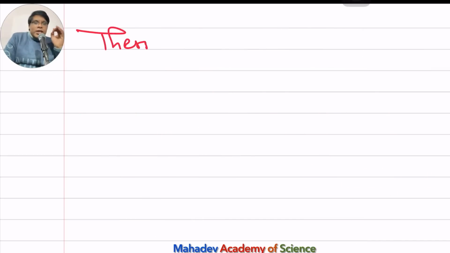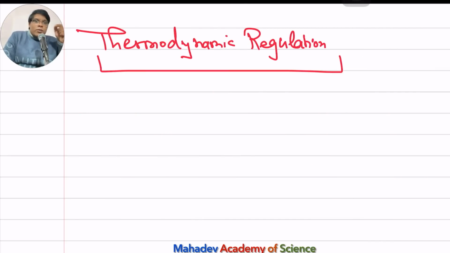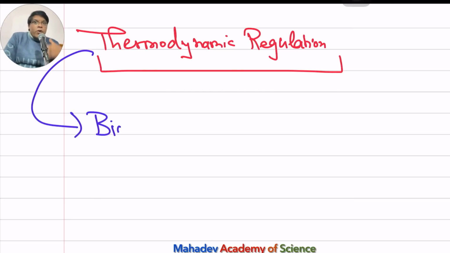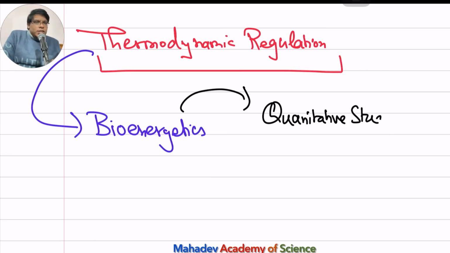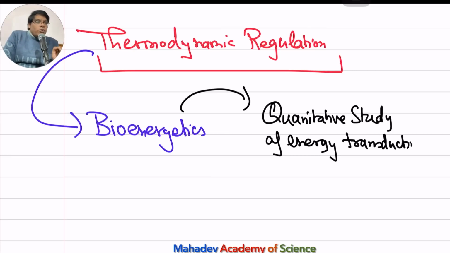Now at the end, I just want to tell you, we are going to learn thermodynamic regulation of enzymes when we discuss bioenergetics. What is bioenergetics? Bioenergetics is the quantitative study of energy transduction which occurs within the cell.